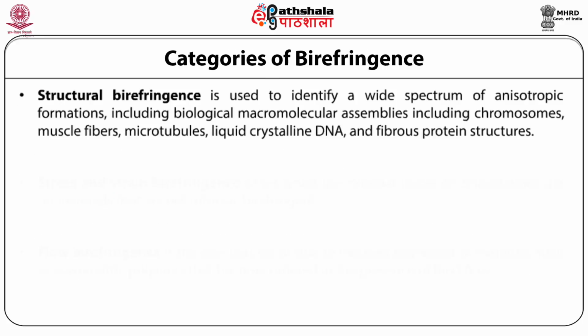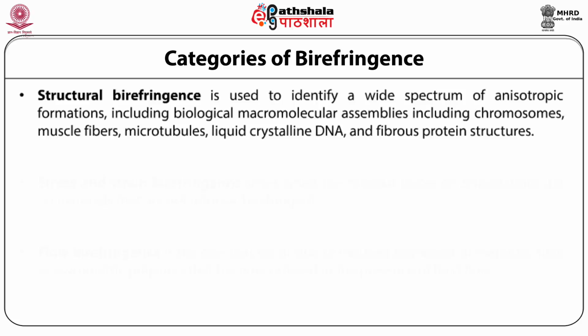Categories of birefringence. Birefringence is an inherent property of many anisotropic crystals including calcite and quartz, or it can also arise from other factors such as structural ordering, physical stress, deformation and strain.